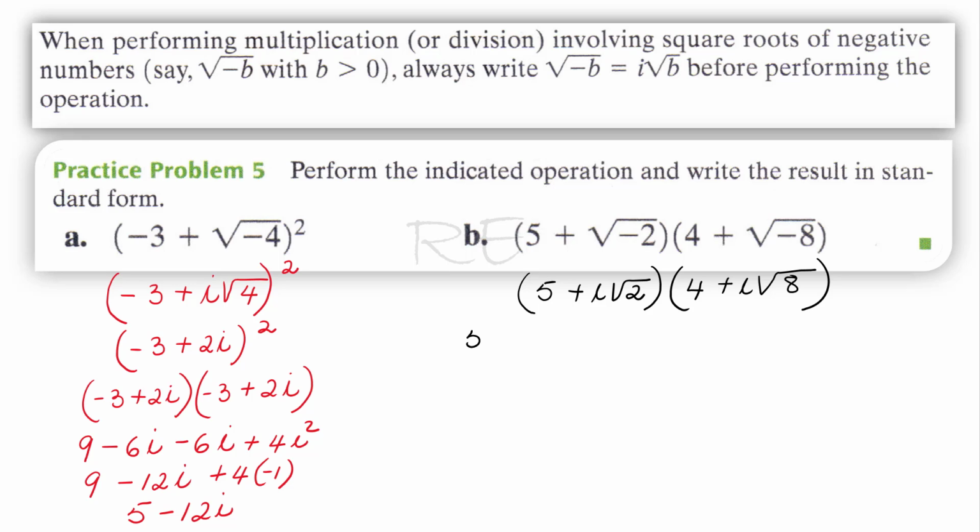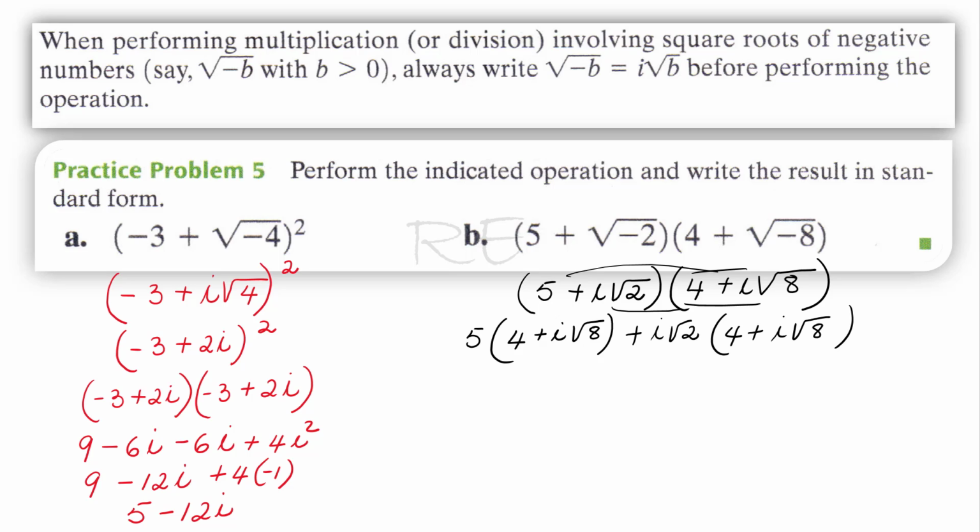Now we're going to distribute 5 to 4 plus i square root of 8, and then i square root of 2 to 4 plus i square root of 8. 5 times 4 is 20. 5 times i square root of 8 is 5i square root of 8. 4 times i square root of 2 is 4i square root of 2.